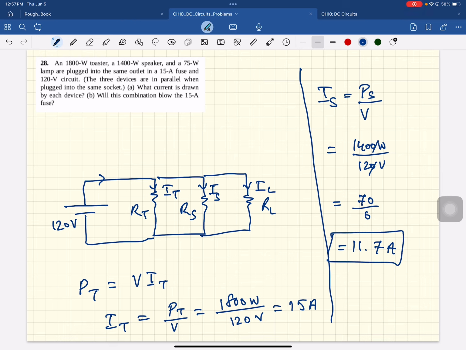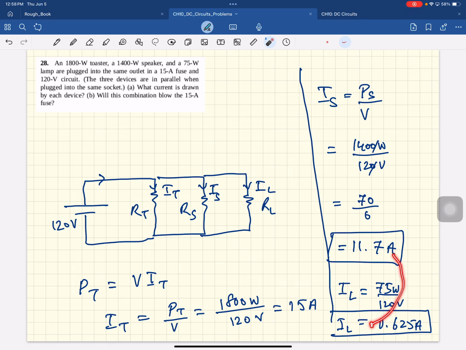So the speaker itself draws 11.7 amps, and the lamp draws 75 watts divided by 120. So the lamp and the speaker can work together. Okay. But once the toaster is on, nothing else can work. Okay.